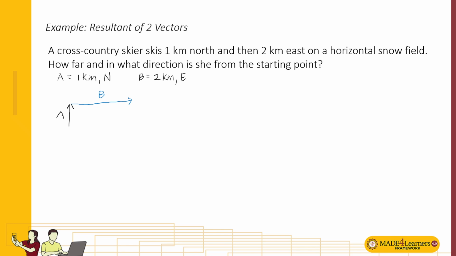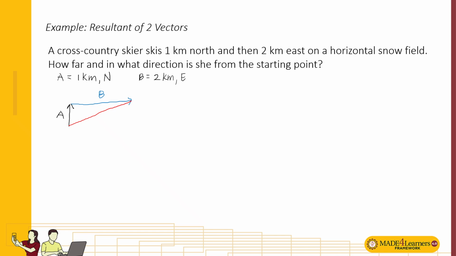So your vector B is the 2 kilometer vector quantity and the direction is east. It asks how far and in what direction is she from the starting point. For how far, we have to get the length of this arrow connecting the two points, the starting point and the final point of the person.